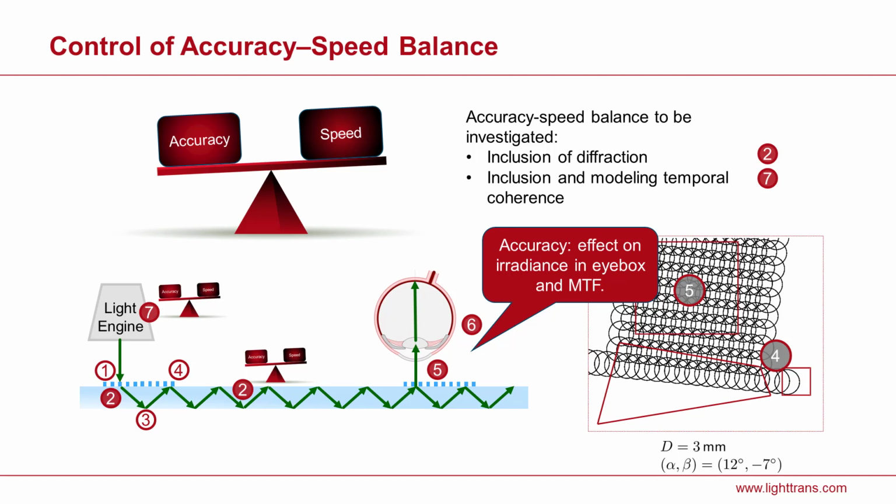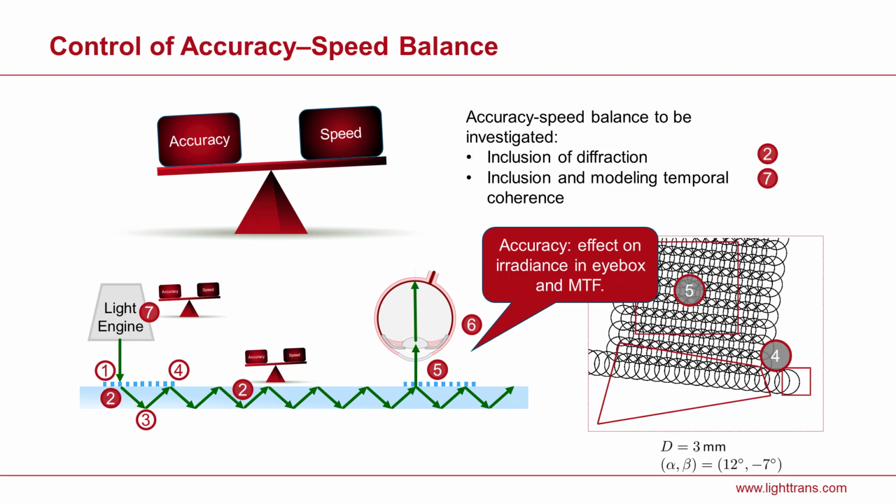In order to be able to reach a conclusion, we first need to know what it is that we want to achieve from a given simulation, what it is we want to measure and characterize. In other words, what is the detector going to calculate? And of particular importance in this field of application are the irradiance in the eye box, with the object of gauging uniformity per FOV mode, and the point spread function and modulation transfer function on the retina of the wearer of the glasses.